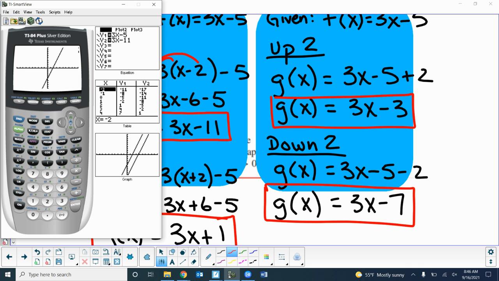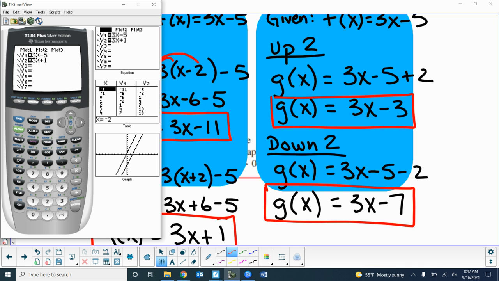There's the original, and there's the other one. Did it move to the right 2? It did, didn't it? Okay, so you can check real quick if you want. What was the left 2 answer? 3x plus 1? So I'll just go down here and hit 3x plus 1, delete that other one, enter, graph. We go left 2, it went left 2, see that? So we can always check if you want.